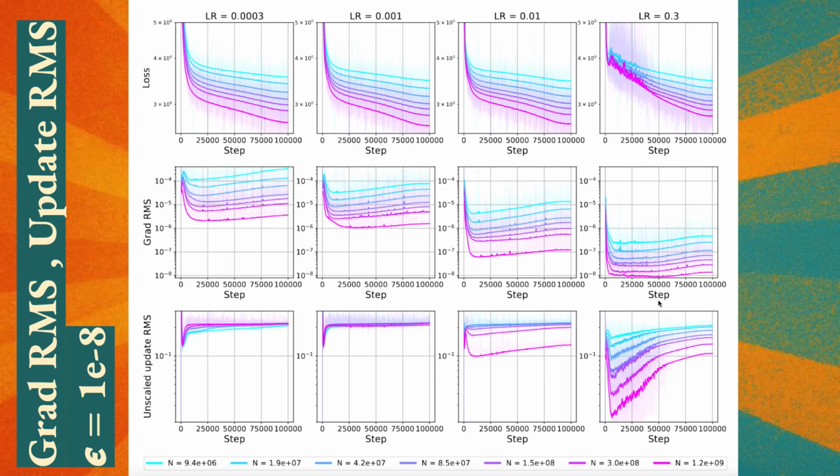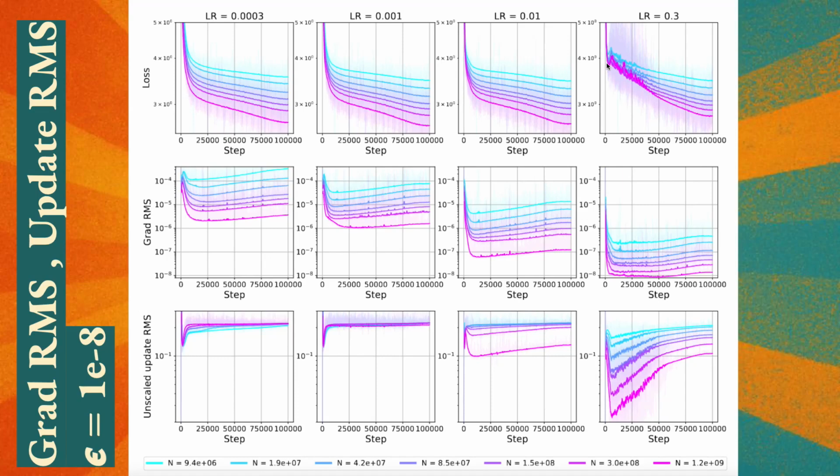So my understanding from this is a little fuzzy. I think the clearest signal I'm seeing from this chart is that the loss gets worse. So I think that is related to this giant dip in the unscaled update. The loss getting worse is indicating that the model is not learning. Now, why does it get back up to normal? I'm not really sure.